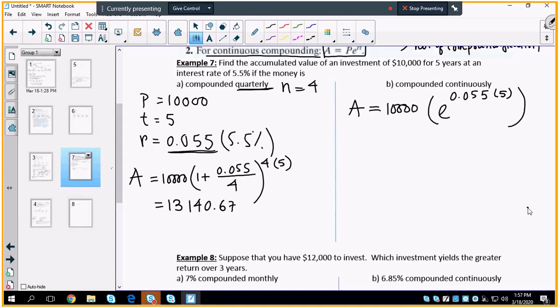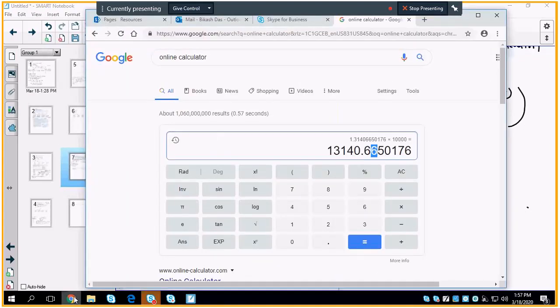Now we will see how much money will be accumulated for the same time, but if we went for continuous compounding. So we are going to first calculate R times T. R is 0.055 times T is 5 years, and then put it in the power of e.